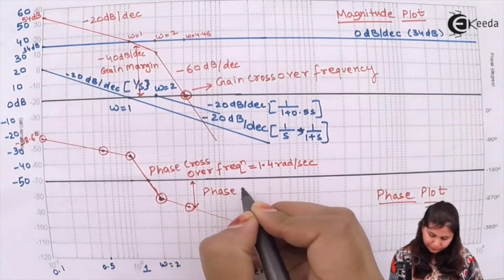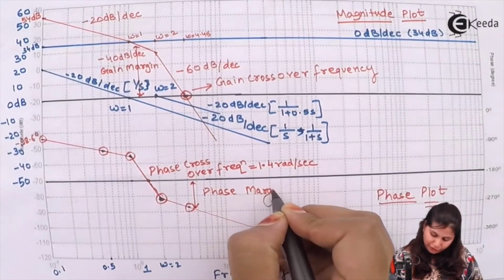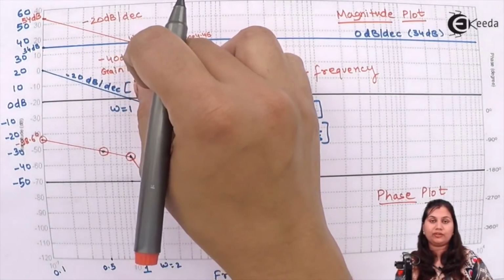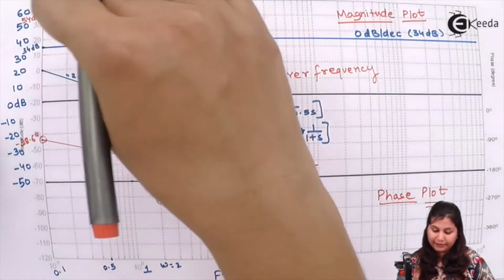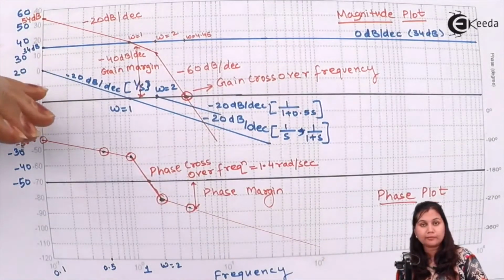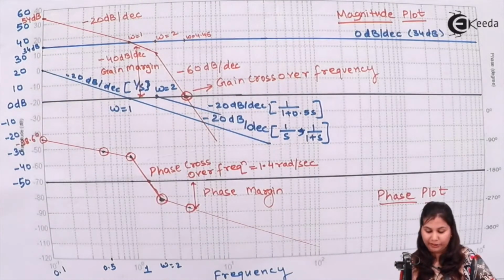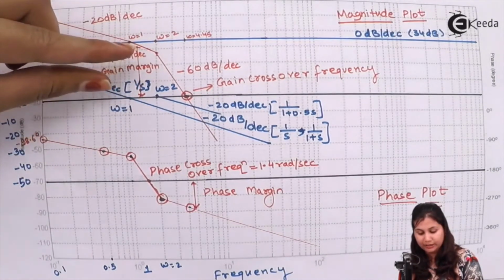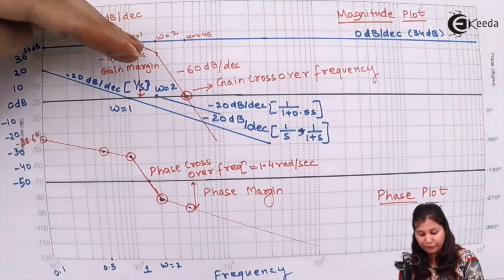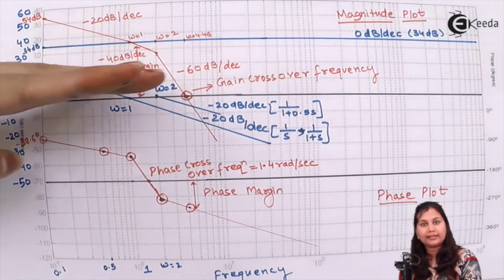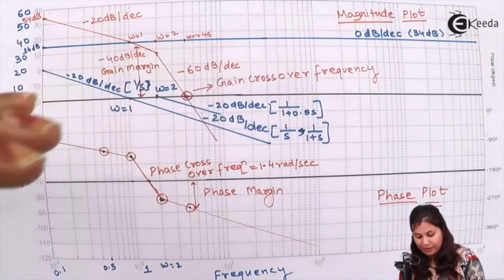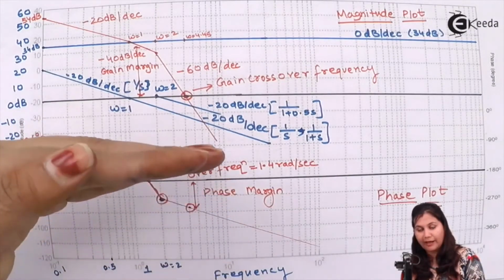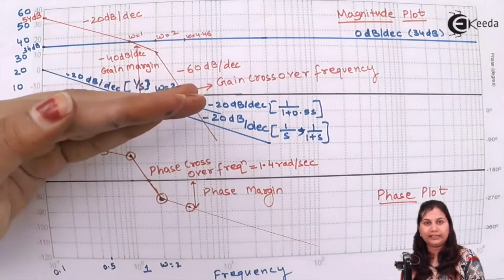phase margin. What is the definition of gain margin and phase margin? Gain margin is the additional gain which we will have to add in the magnitude plot so that the system goes to the verge of instability. So this amount of gain we will have to add so that the magnitude plot reaches the 0 dB line, and this much phase we will have to add so that the phase plot comes towards the minus 180 degrees line.